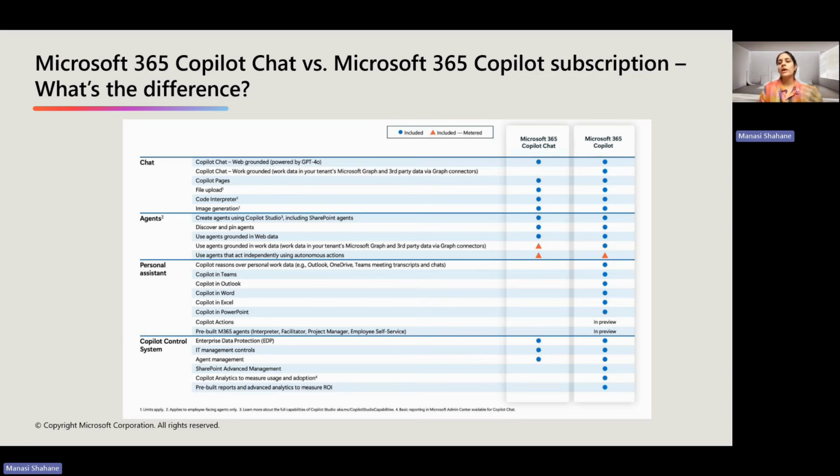If I have to talk about the most important difference, it is that, let's say, I want to use my organizational data. Basically the whole purpose of M365 is to make your tasks within the enterprise very easy, because M365 is used within enterprises. It's the same with M365 Copilot Chat.